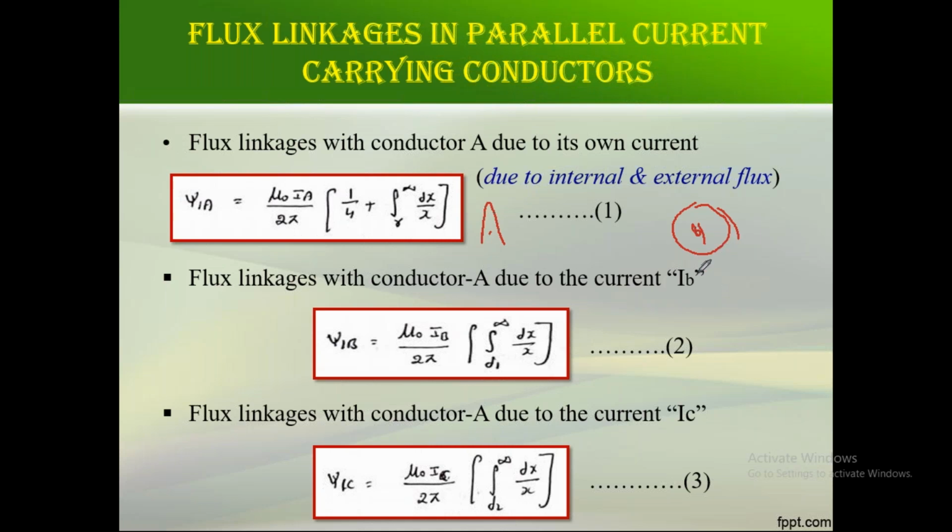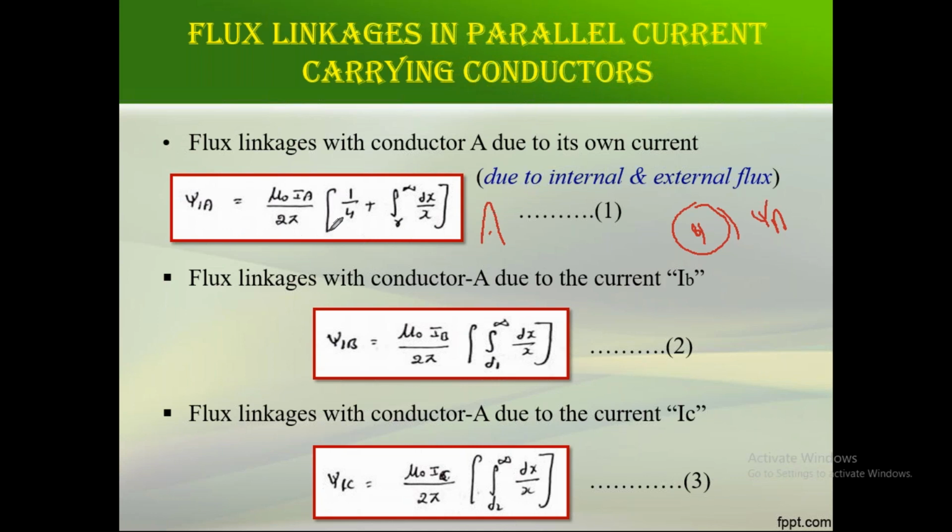Because the flux by A only interacts with the external fluxes of B and C, right? So there is no need for the internal flux of B or internal flux of C. Here we are going to find the flux of A, so for that we have to include both internal and external fluxes. Then after that we derive the external flux of B and the external flux of C.